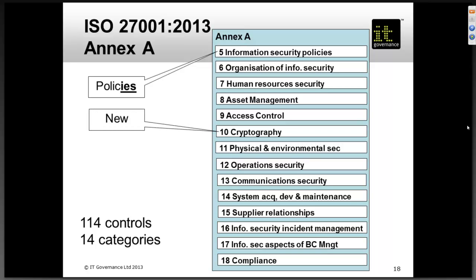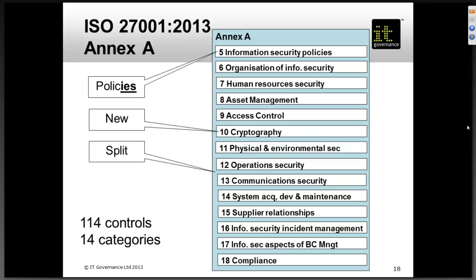There are a couple of new categories or headings under which controls are ordered, and one of those being cryptography. And indeed the controls under cryptography aren't exactly new. They've been pulled together from the structure that was adopted for 2005.